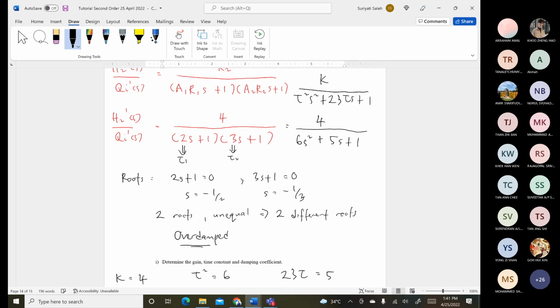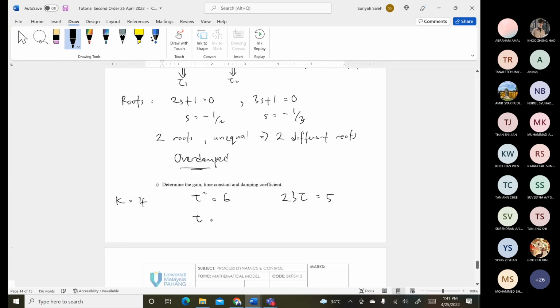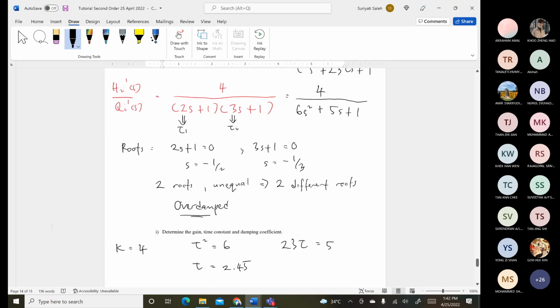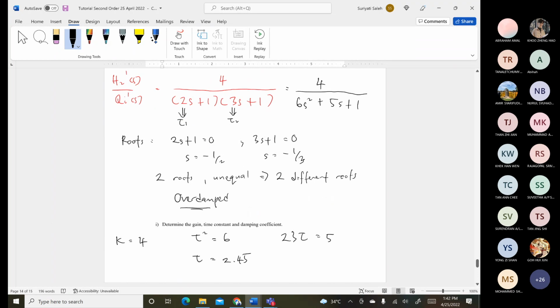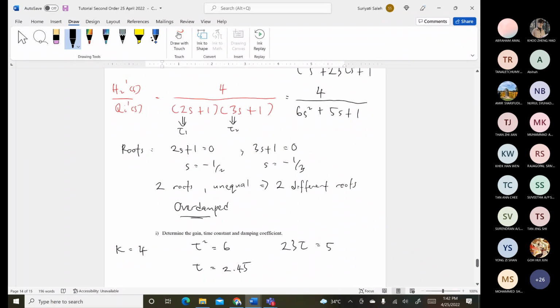Based on this, tau square equal to 6, so tau equal to 2.45. When we substitute it, 2 psi times 2.45 equal to 5.